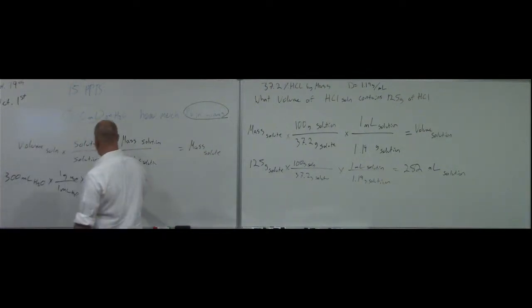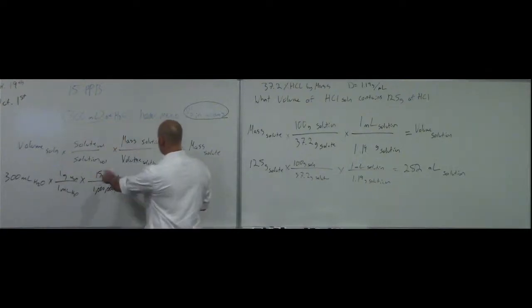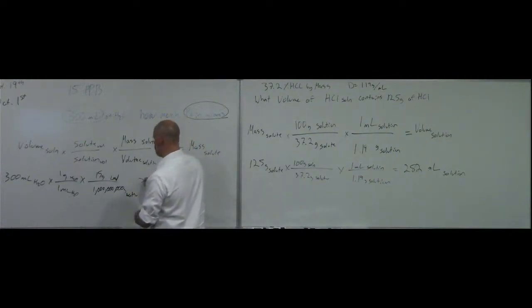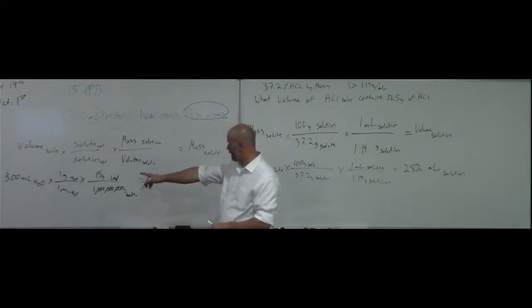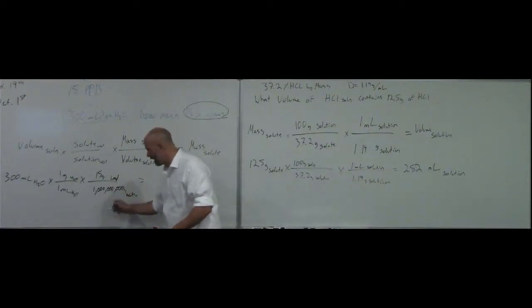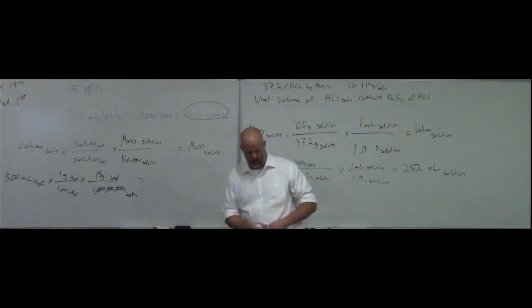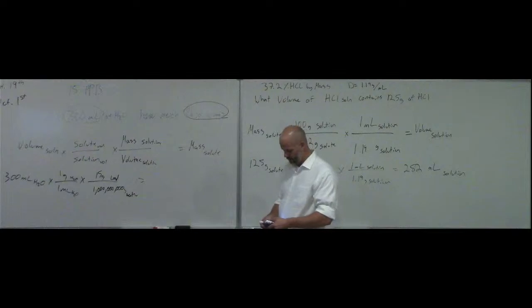This gets me to lead. So everything's going to cancel out, and I'm going to get to my lead, which is what I should get to. So 300 times 15 divided by a billion ought to be what my answer is, even if it took me way too long to get there.